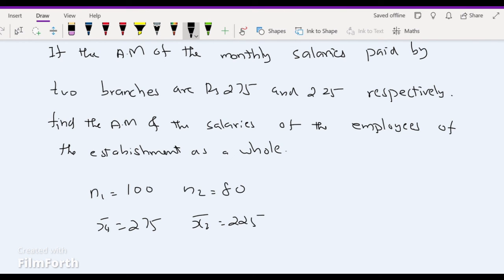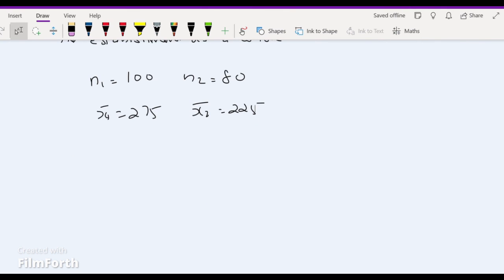But the average salary of all the employees, the combined mean, let x bar be the average.